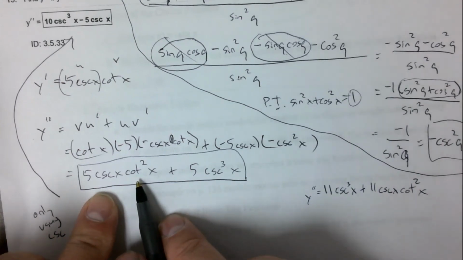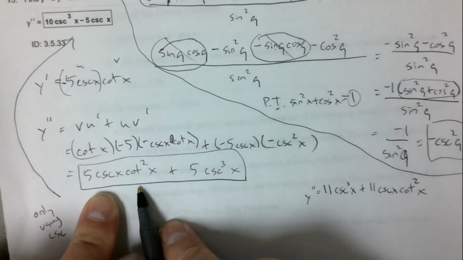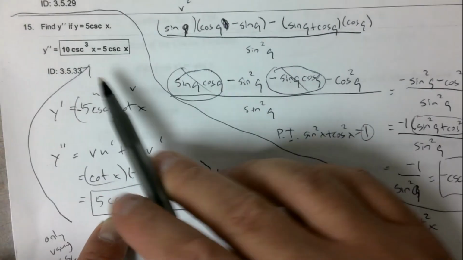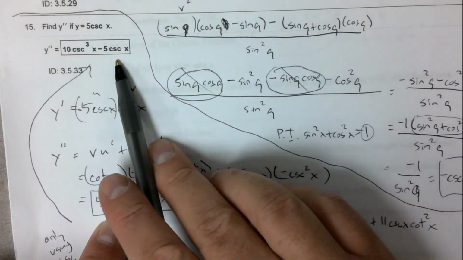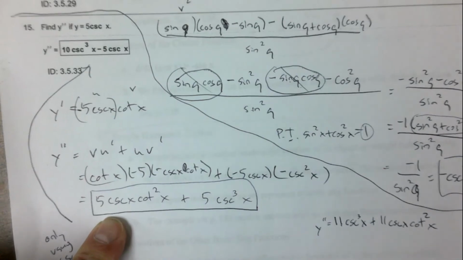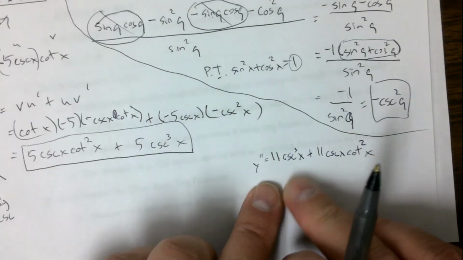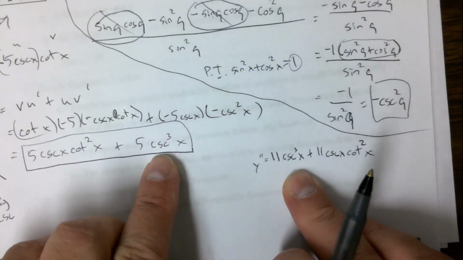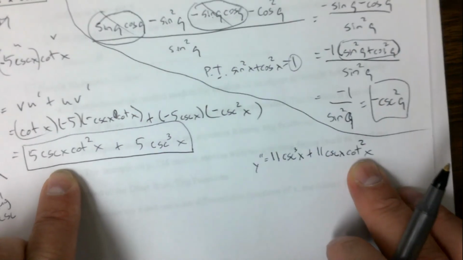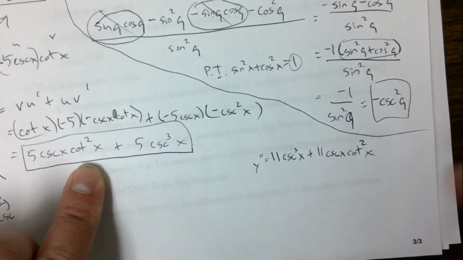And I bet in Math Excel it would accept that because I've seen it before. But the difference is that their answer on the worksheet is only in terms of cosecant. And when I looked at view an example, their example had 11 cosecant cubed, like our 5, plus 11 cosecant cotangent squared x. And so that is equivalent.